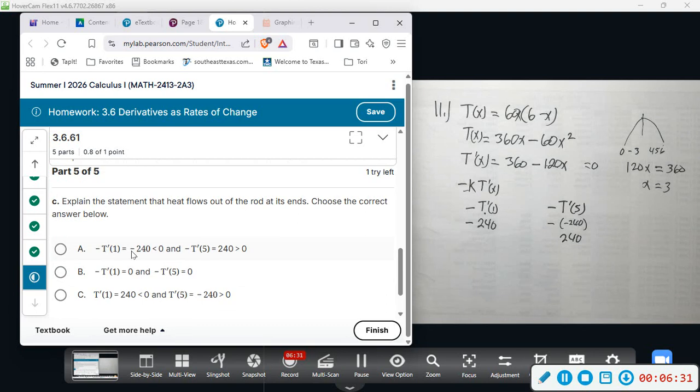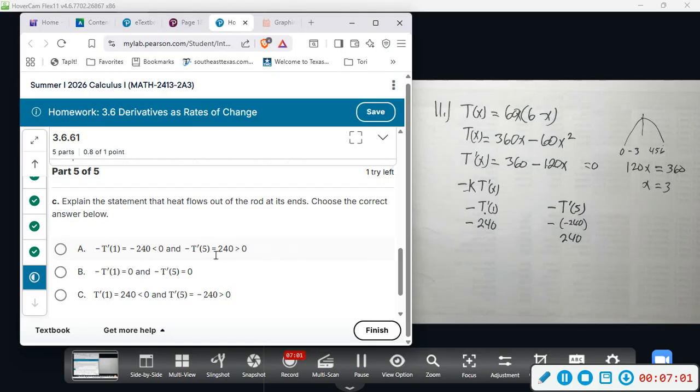When it's negative, it's going toward the negative side. So we're going to set this statement when the heat flux is negative, which is 1 in T1, we get negative 240, which is less than 0. So that means it's past the end of the rod. And then when we do T5, kind of like what we just did in the beginning, it is equal to 240, which is greater than 0. So it's going to the right. That's what these are saying.